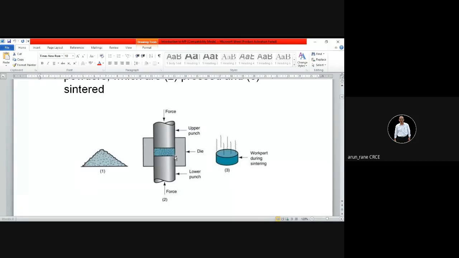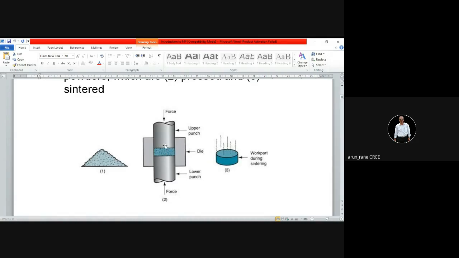In this die, the shape of the component is given. It can be round, helix, heart shape with a love mark, anything. Then powder is kept and pressed between the upper punch and lower punch, so that you get that particular shape of the die.